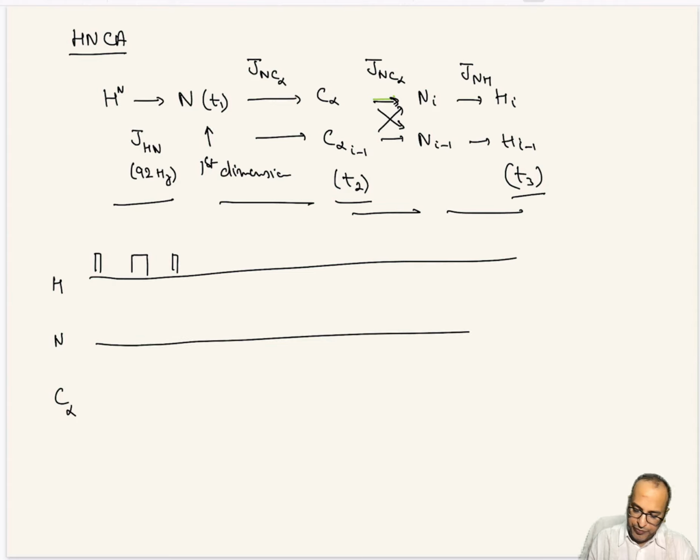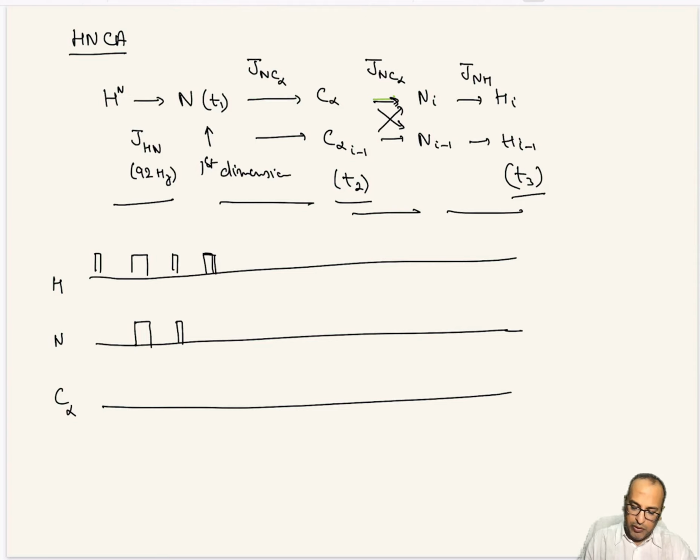Okay, so from proton you first go via INEPT to nitrogen, right? So this is the INEPT part, then you decouple proton and evolve, this is 180, and then you evolve under nitrogen chemical shift. So this is the T1 labeling which is happening over here.